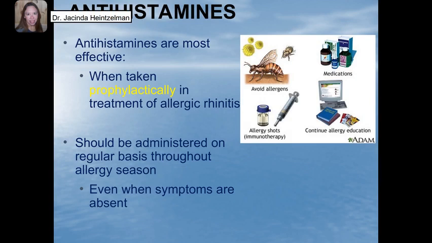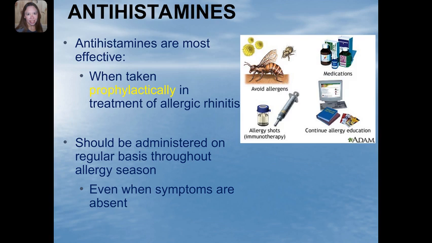When it comes to using the antihistamines for allergic rhinitis, they really are going to be used prophylactically in treating allergic rhinitis. What does this mean? Well, it means that we don't want the patient to start taking these medications once the signs and symptoms develop.